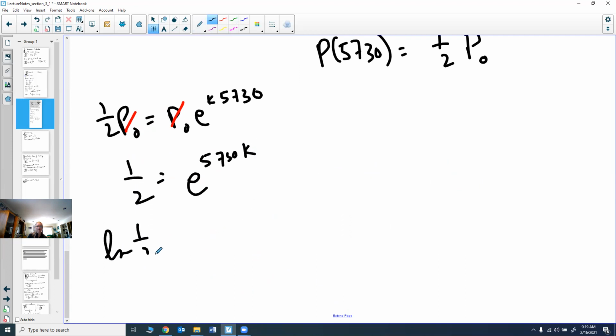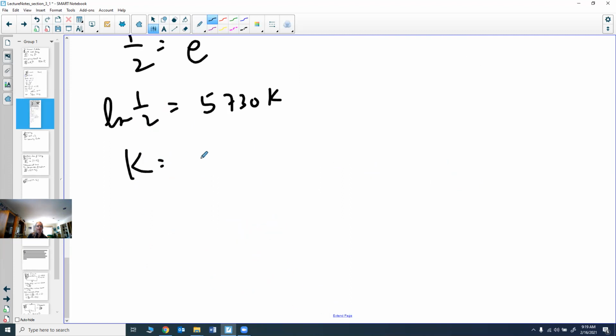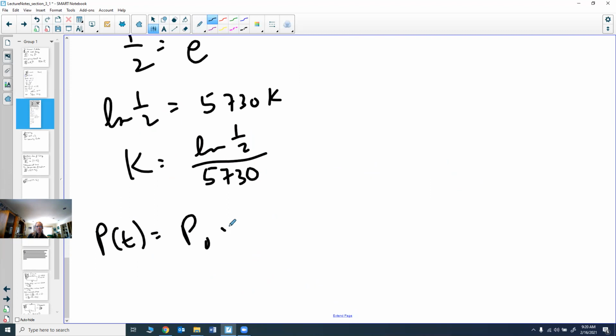Take the natural log of both sides, and you now know what k is. So k is equal to the natural log of 1/2 divided by 5,730. So we now have that P of t is equal to P0 e to the natural log of 1/2 over 5,730 times t.